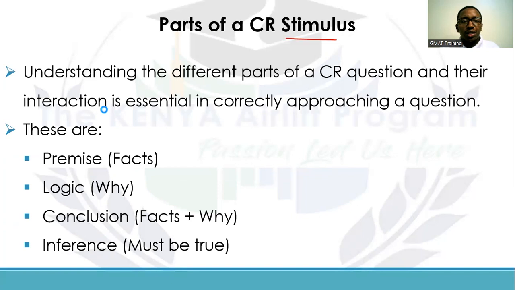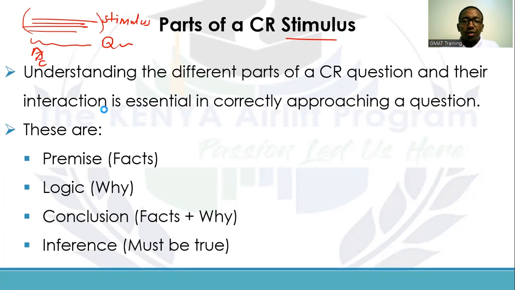The stimulus is the first part of the question, where the passage is presented. And then you have your question stem, then you have your answer choices. So we are concentrating on the stimulus because that's where the information presented changes as you move between question types.